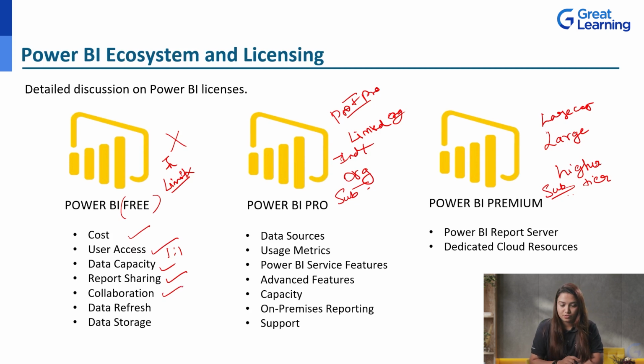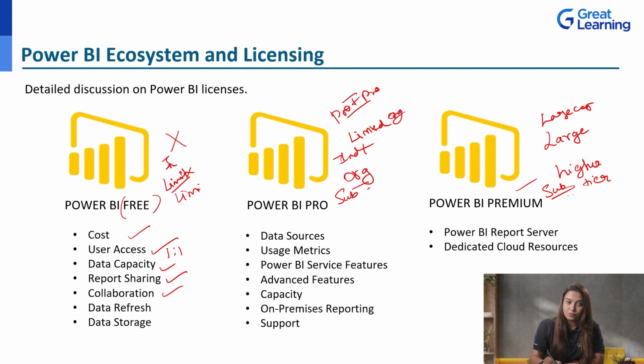Next comes collaboration. Here in Power BI for free, you have limited collaboration. Again, it is a personal report aspect only. When it comes to Pro, you are having full collaboration features, but within the organization only. When it comes to Premium, you are having extensive collaboration features, which is available with advanced data management system as well.